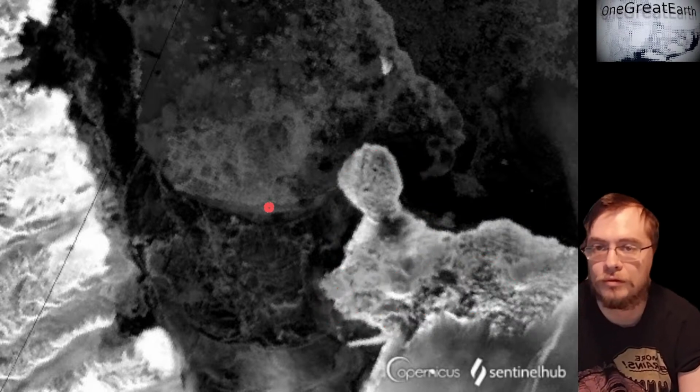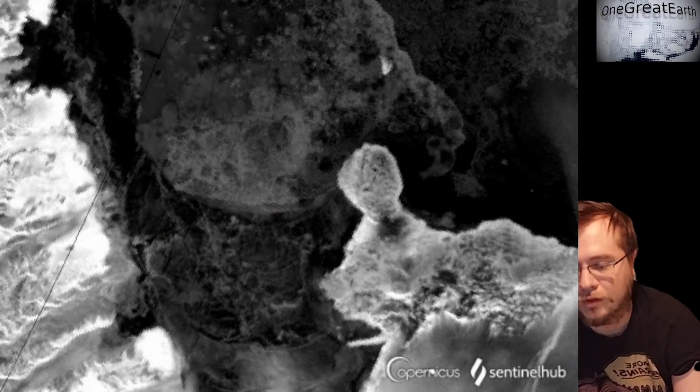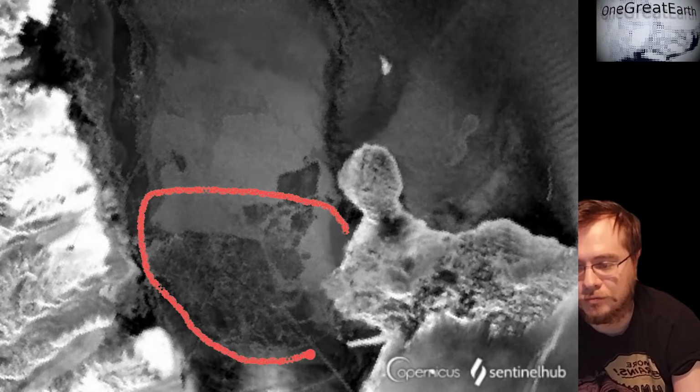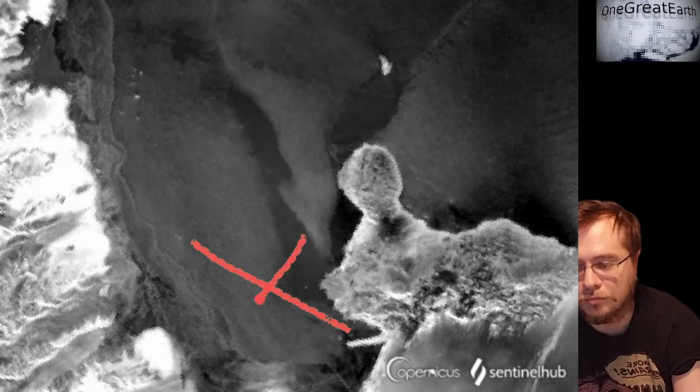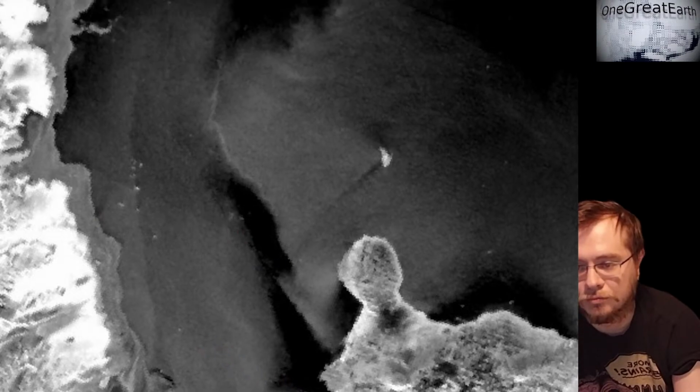Pretty active volcano when it comes to Antarctica, but alarming. Is the sea ice surrounding it gone? Where'd it go? It melted.